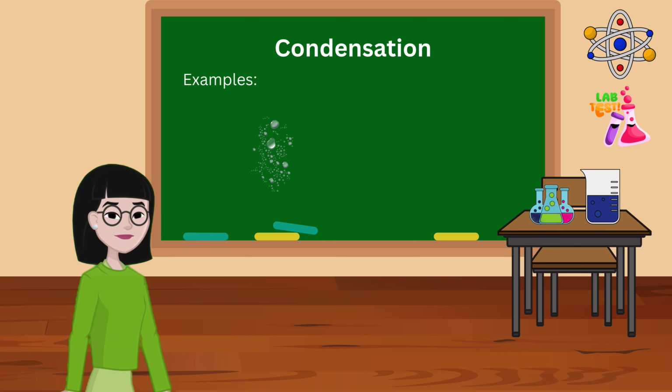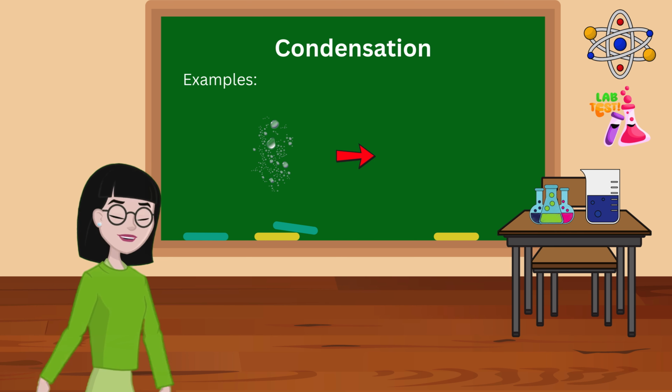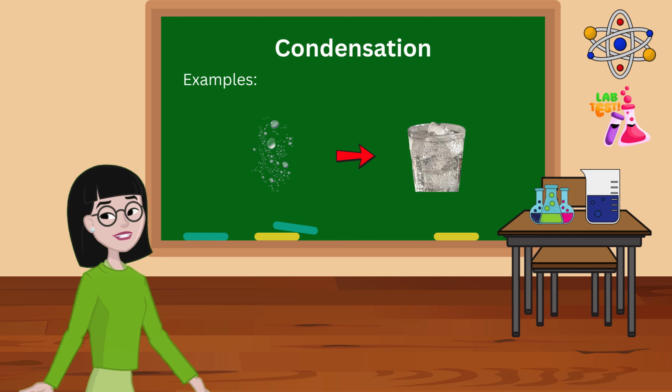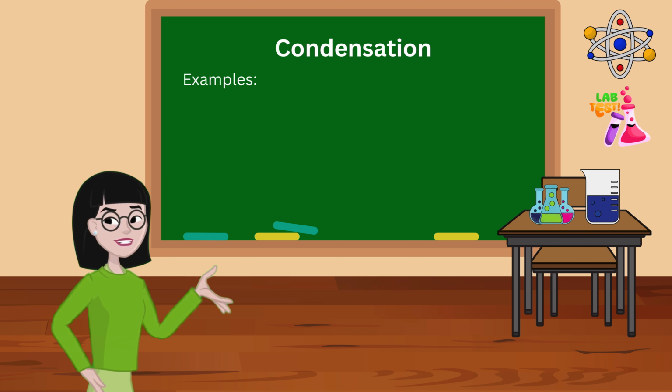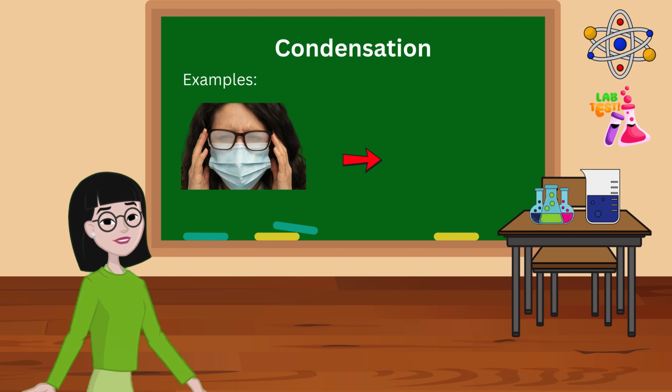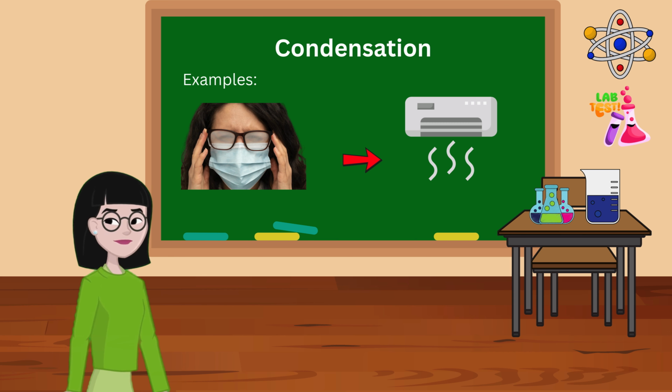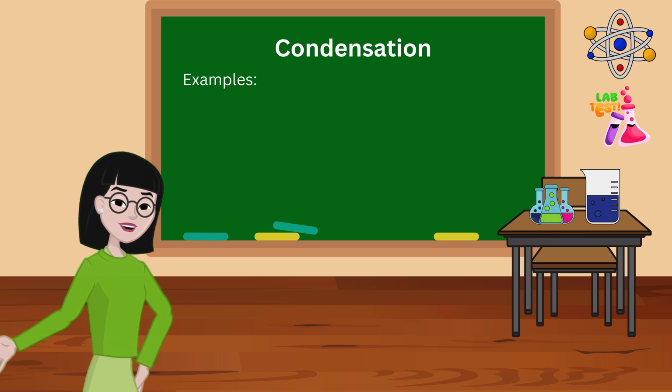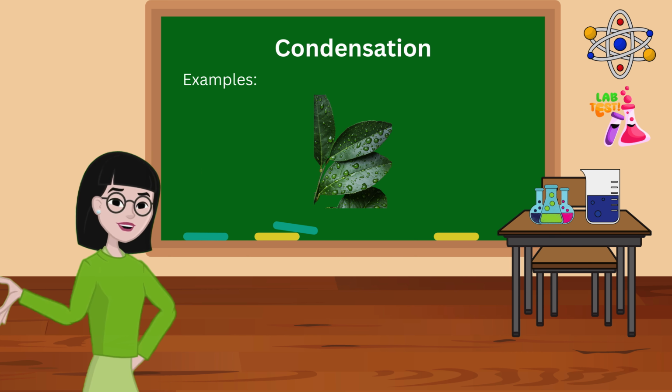Examples: water droplets forming outside a cold glass of water. Next, eyeglasses fogging up when you come from outside into an air-conditioned room. And last, dew forming on leaves early in the morning.